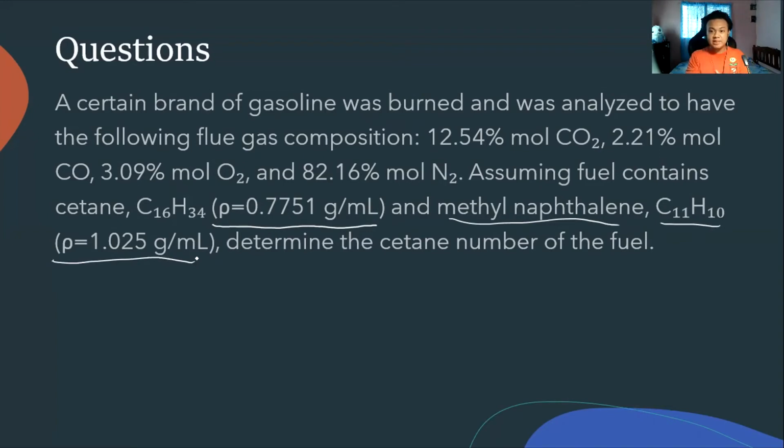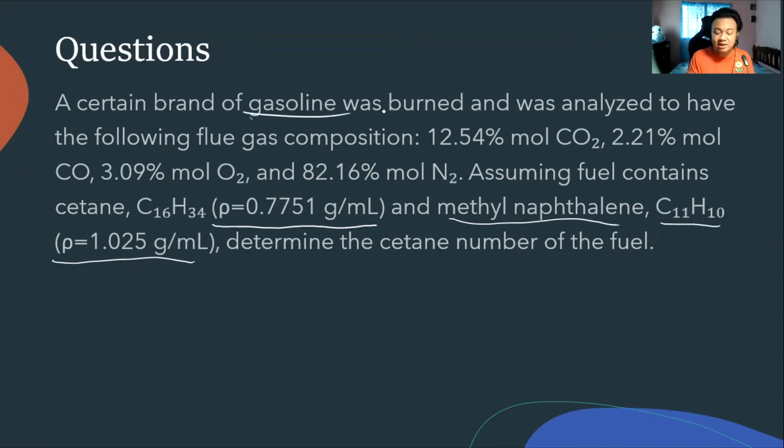So to determine the cetane number of the fuel, we have to find the volume. The cetane number is a volume ratio of how much cetane is in your fuel. But this problem is not gasoline, it's actually diesel, di ba?